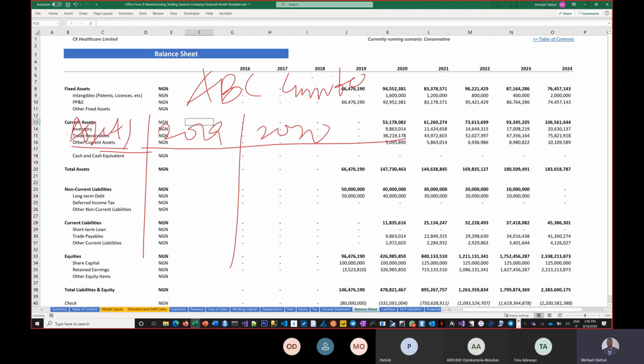So think about it. If the company has property, plant, and equipment worth 200 million naira at the end of year 2019. Now, the thing is that because of depreciation, even if the company does not buy any new assets, if there was a depreciation of 20 million naira, the book value will be 180 million naira. Right?